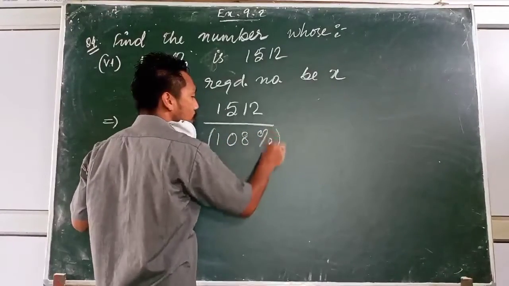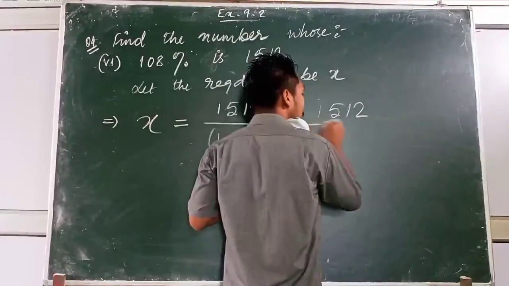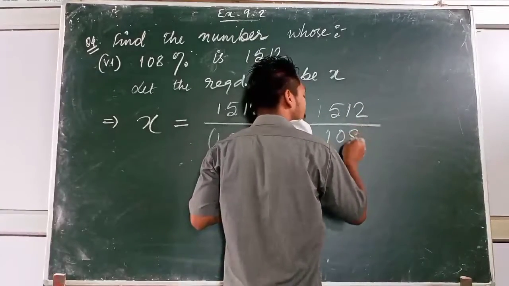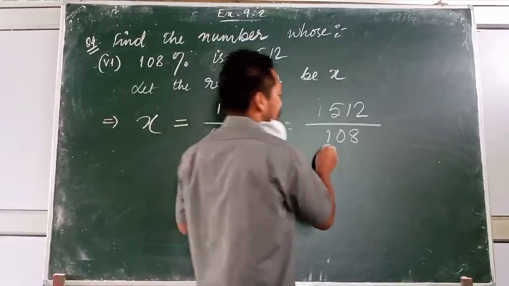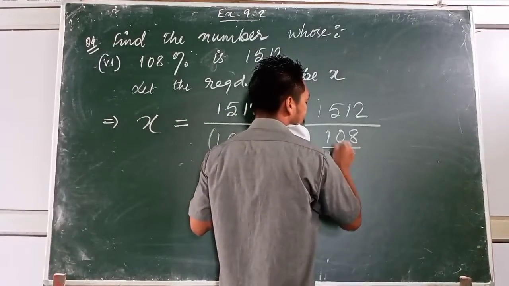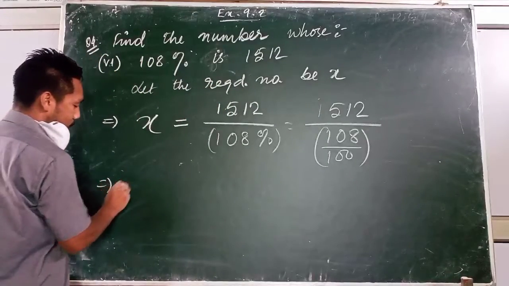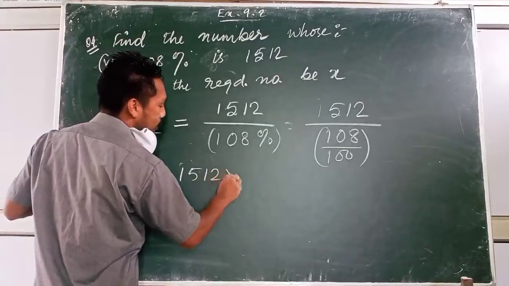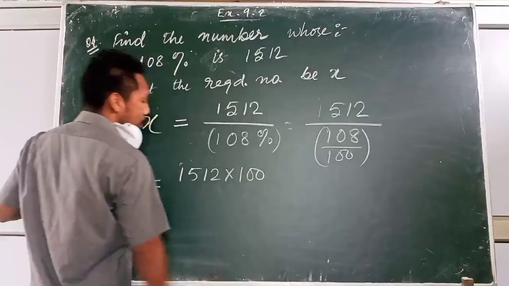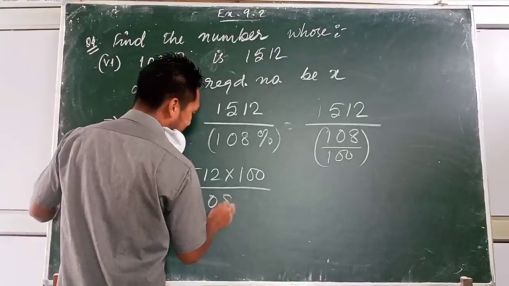So if I write this one, I can write 1512 divided by 108. The percentage is there along with 108, so 108 goes up, 100 goes up and multiplies with 1512, and then 108 will remain at the downside.